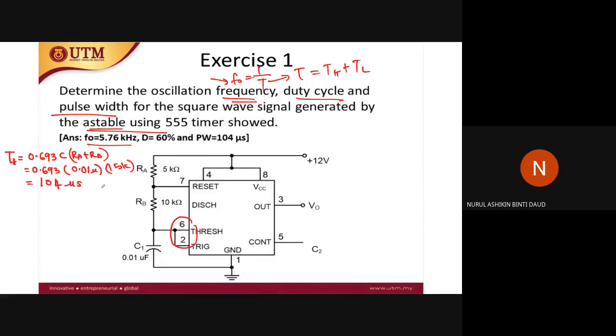For TL, the formula is 0.693 C RB. So 0.693 times C, 0.01 microfarad, times the RB value, which is 10 kilo ohm.